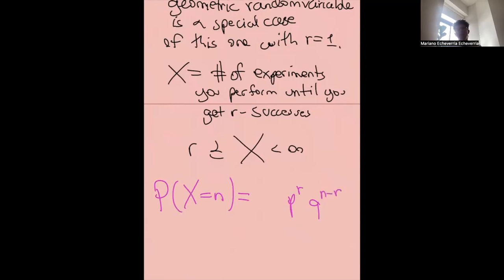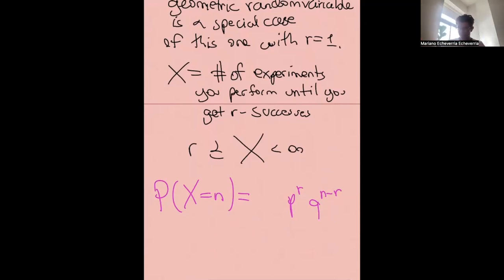And the only difference is that you're allowed to permute where the failures and successes happen. The only restriction is that the last experiment has to be the last success. Otherwise, you would have stopped earlier. So you really have n minus 1 outcomes you can shuffle.